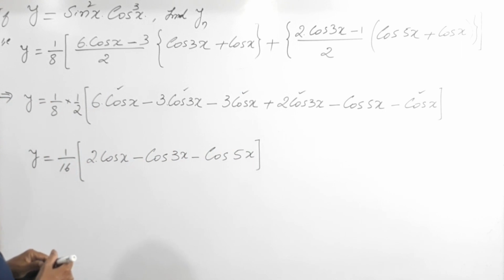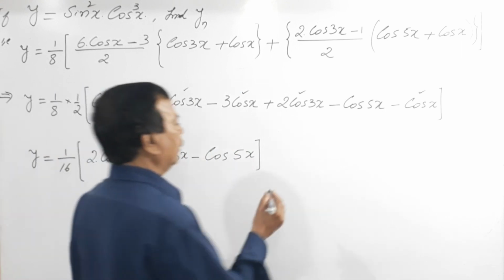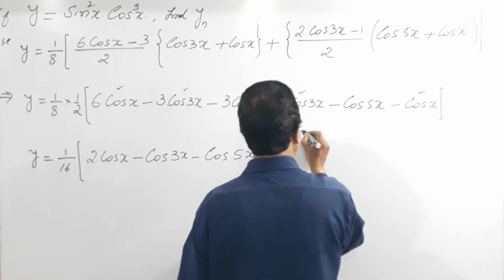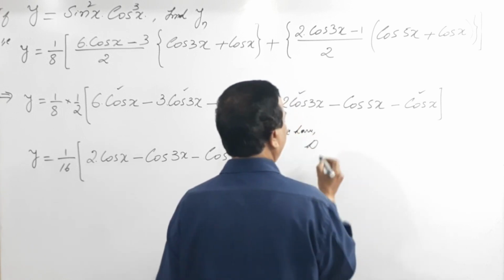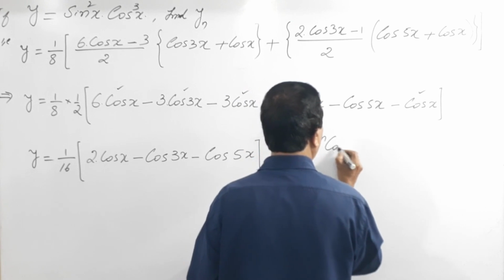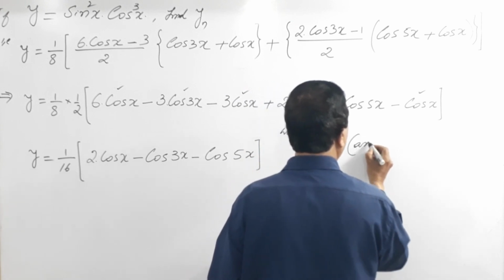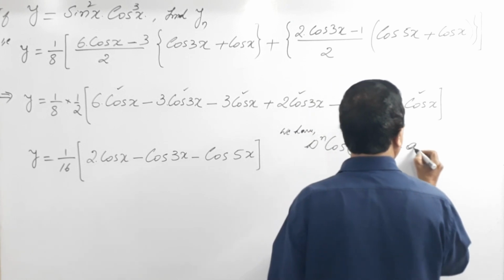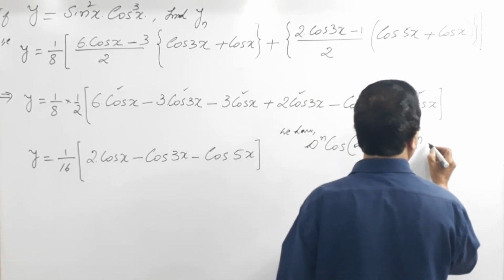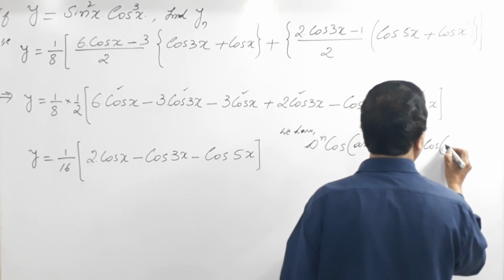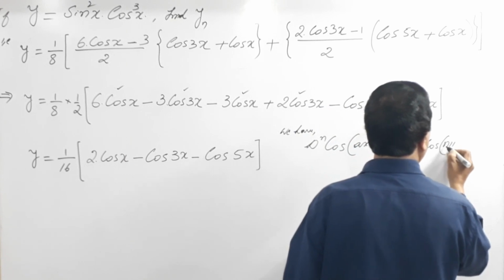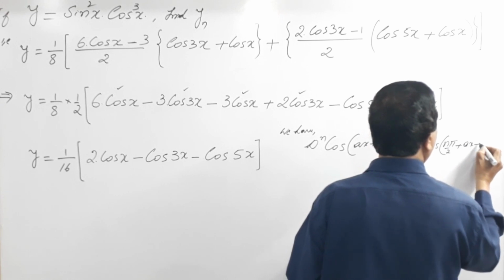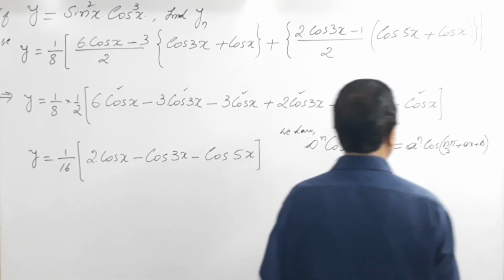So what we'll do? We know that dn of cos of ax plus b equals to what? a to the power of n into cos of n pi by 2 plus ax plus b.